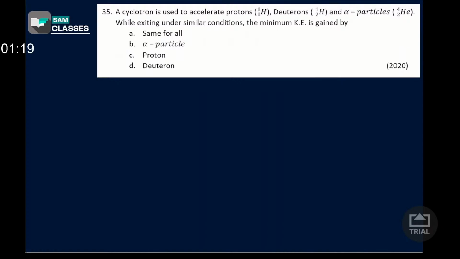Kinetic energy depends on what, students? If you remember, what is the formula? Kinetic energy was half mv square, correct?